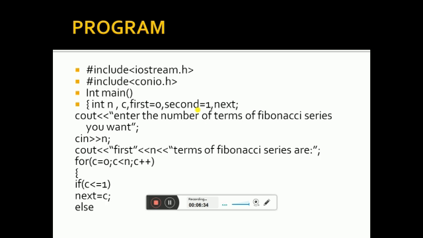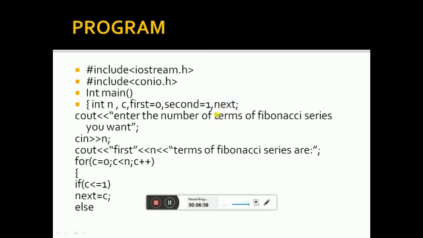The main important thing in the Fibonacci series program is that the integers should be declared, and each integer should be assigned a particular value, as we have done in this program, you could see clearly.